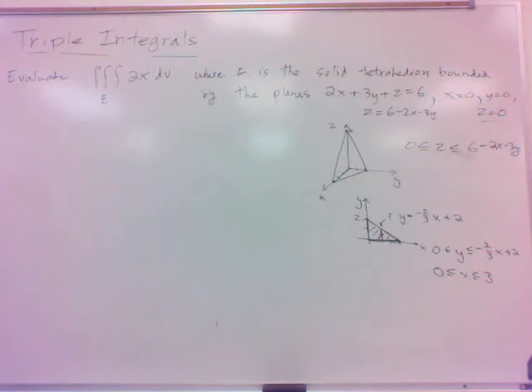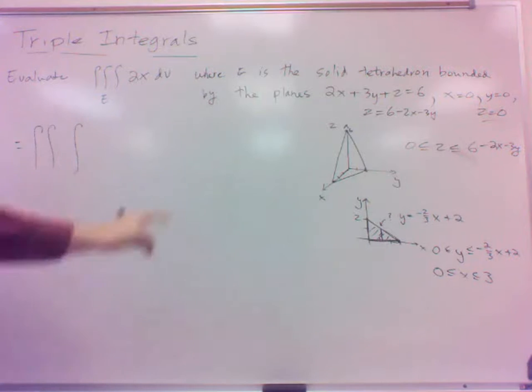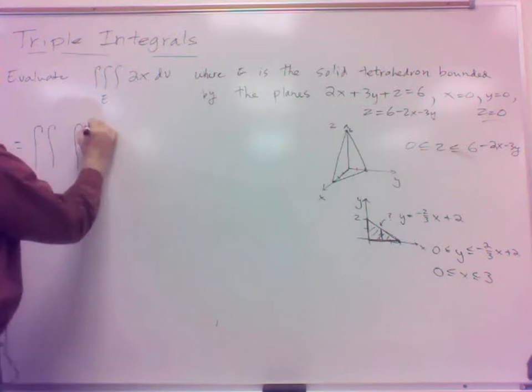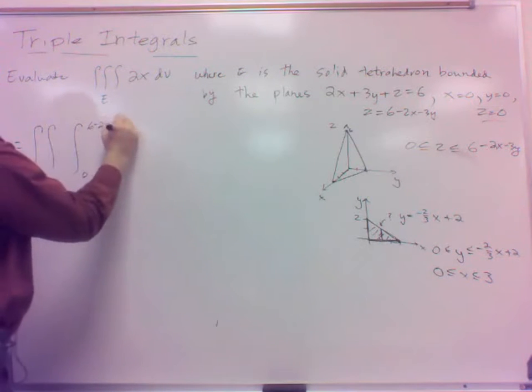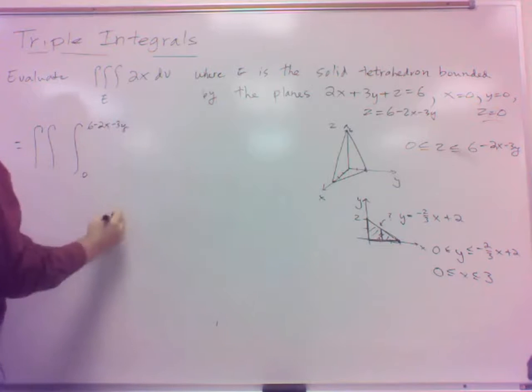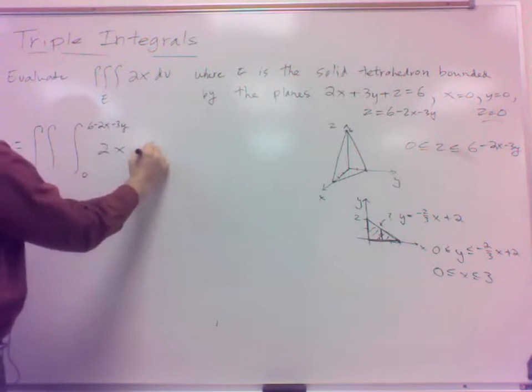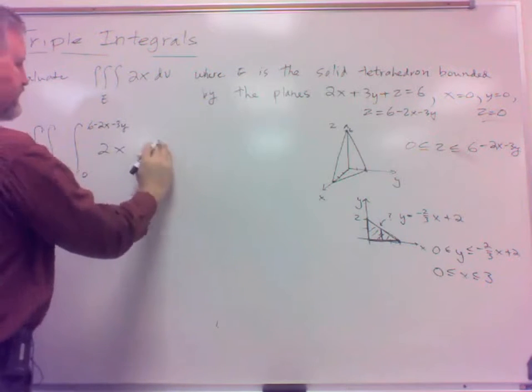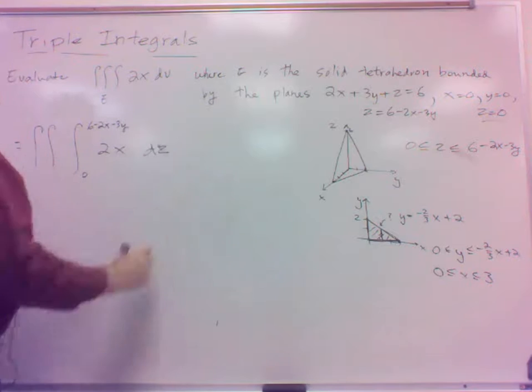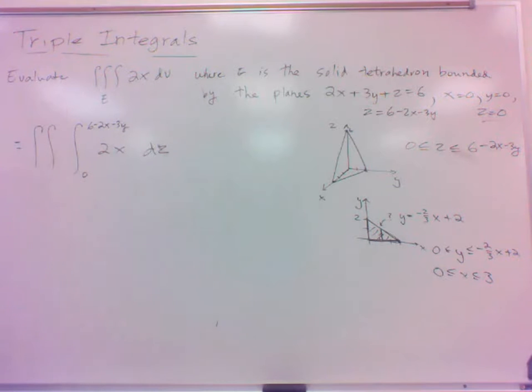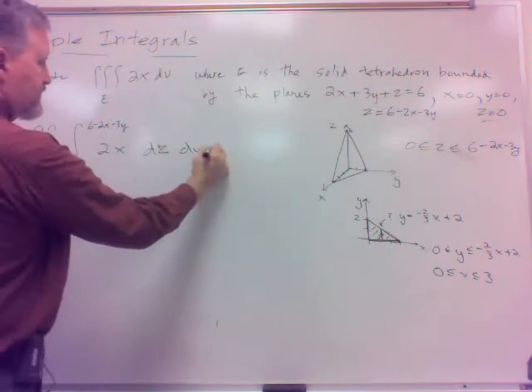So that gives us a way to do our triple integral here. Do the z's first, so 0 to 6 minus 2x minus 3y. Then we're going to do the y's, then the x's.